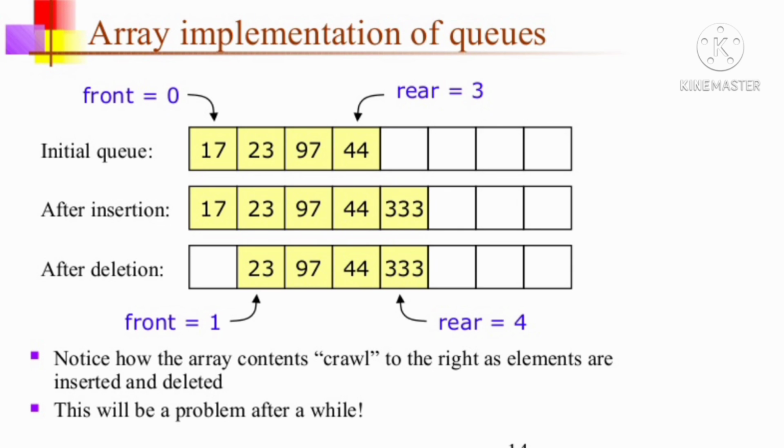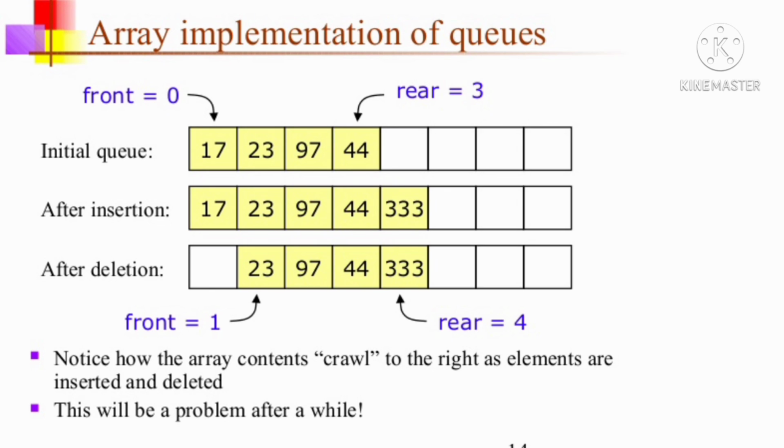Elements are 17, 23, 97, 44. 17 is in the 0th index and 44 is in the 3rd index. So here after insertion we are adding 333. After insertion, it looks like that: first 17, next 23, next 97, next 44, next 333.